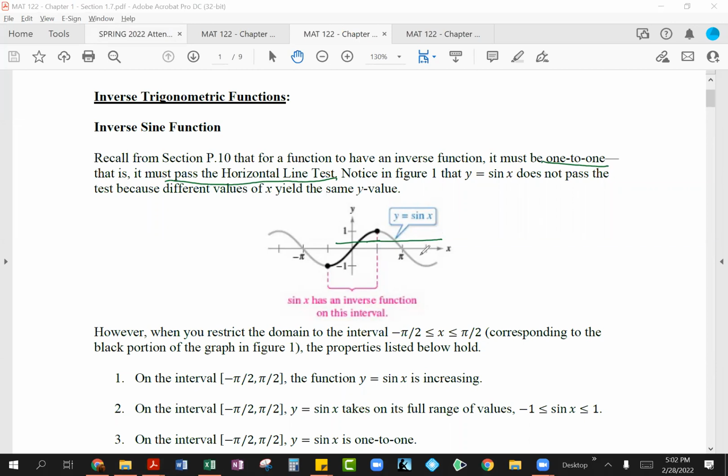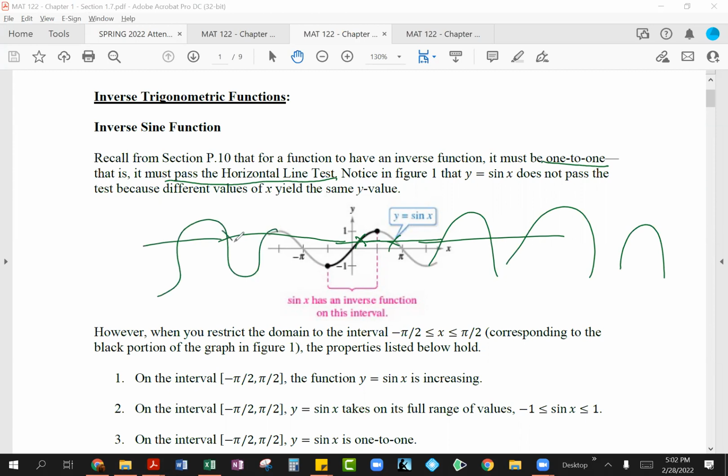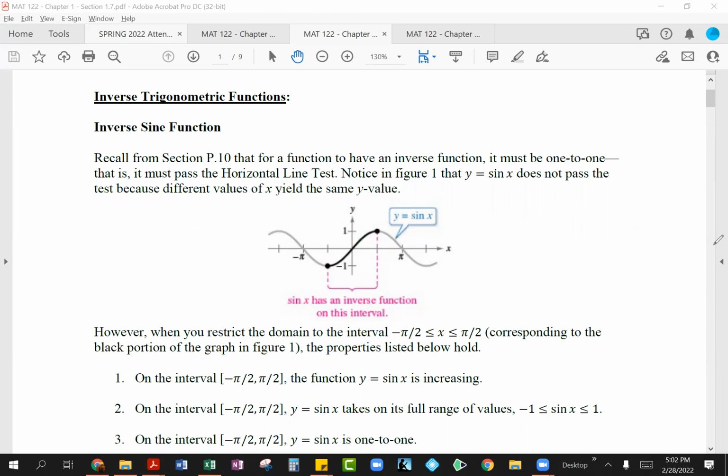And obviously, you will see here, when we look at the sine function and I draw the horizontal line test, it actually crosses at 2 points, which, of course, if you keep going, every time you have that little sine curve, this line is going to cross all of those points. So the sine function by definition is not a 1-to-1 function, which technically means if you are not a 1-to-1 function, you do not have an inverse function.